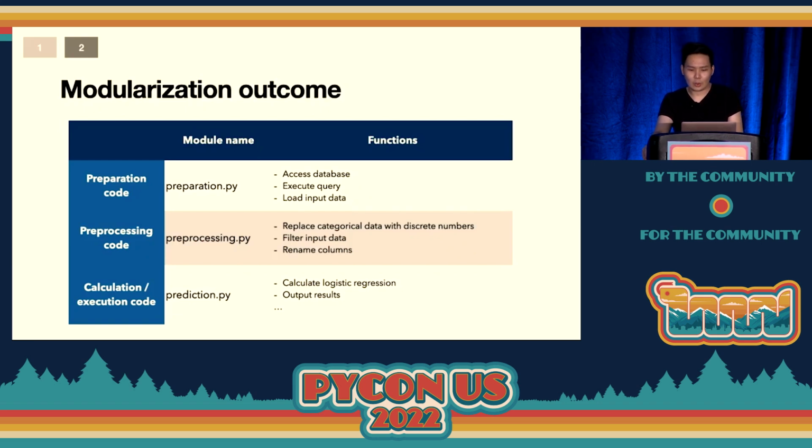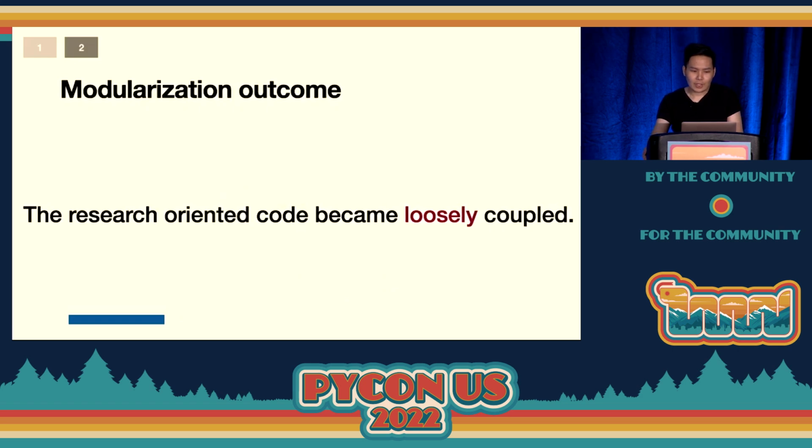We also could get preprocessing.py, which has functions to replace categorical data with discrete numbers, filter input data, and rename columns. Finally, we get prediction.py, which has functions to calculate logistic regression and output results. As a result, the research-oriented code became loosely coupled.